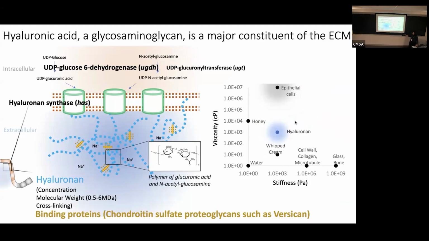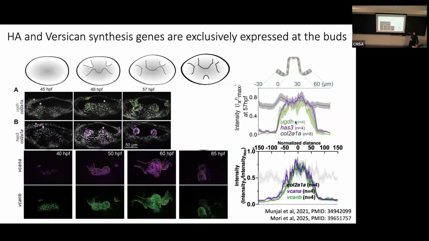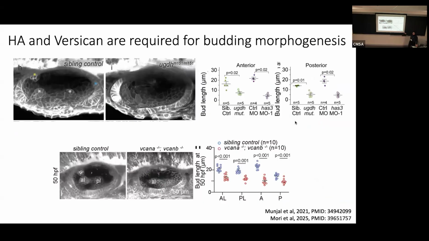And we knew from the literature too that the genes required for one such proteoglycan, versican, are also exclusively expressed at these sites that are budding from the epithelium. We can knock these out and find that this is completely sufficient to block morphogenesis. So you don't get any budding morphogenesis if you knock out the gene required for hyaluronic acid substrate synthesis or the protein part of the proteoglycan.